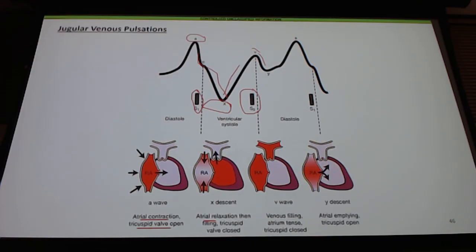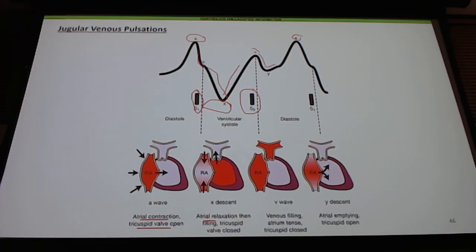That brings you into the Y descent, where the atria is dumping into the ventricle, and then you start to get that venous return coming in, the ventricle is filling up, and so that pressure starts to rise a little bit. Then that starts to cycle all over again, where now you get that atrial kick or atrial squeeze, and that pressure suddenly goes up again.